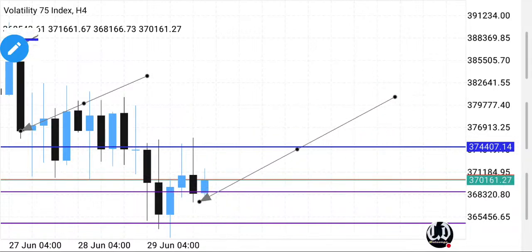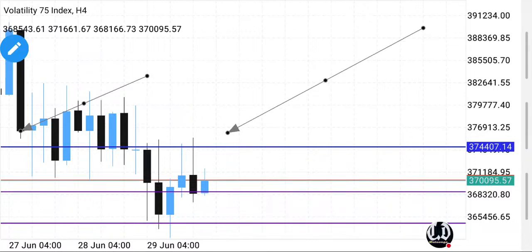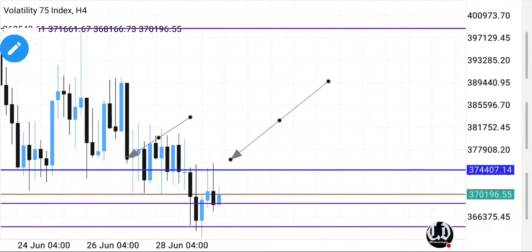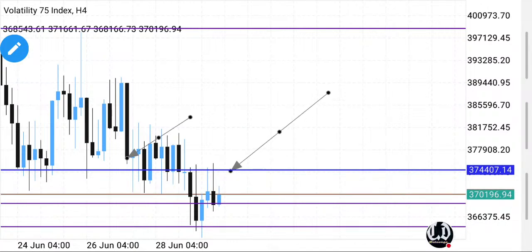But there is also some high chance the market fails to break below here, and then we reverse. So if the market fails to go down here and I see a bullish engulfing, can I take the entry? No, I will not take the entry. Why?